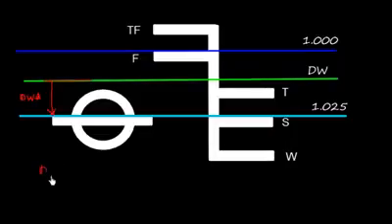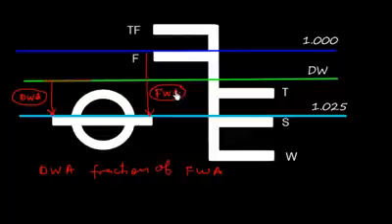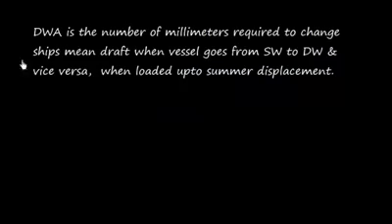We can understand that dock water allowance is a fraction of freshwater allowance. Why? Because this is a freshwater allowance, so the dock water allowance is a fraction of it.